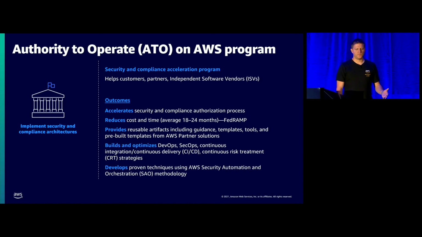This is achieved by providing resources that help solution providers build, implement, and optimize DevOps, SecOps, continuous integration, continuous development, delivery, and continuous risk treatment, CRT, strategies and processes for their organization. Additionally, ATO on AWS provides access to managed solutions that minimize the level of effort required to achieve such authorizations.